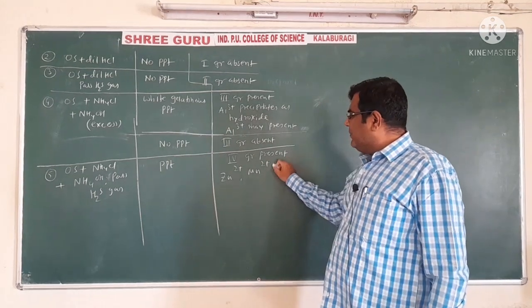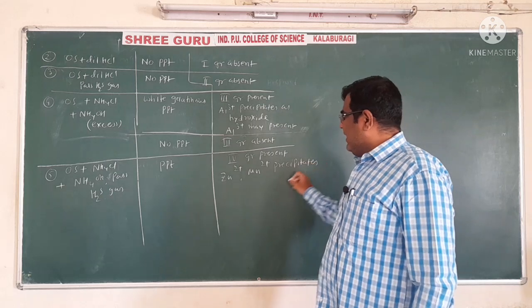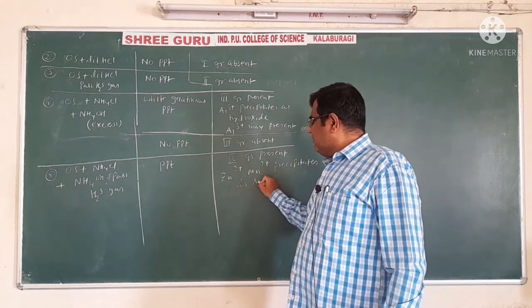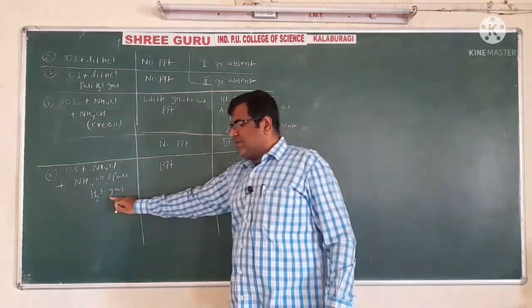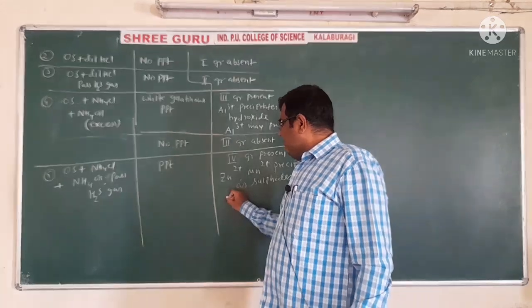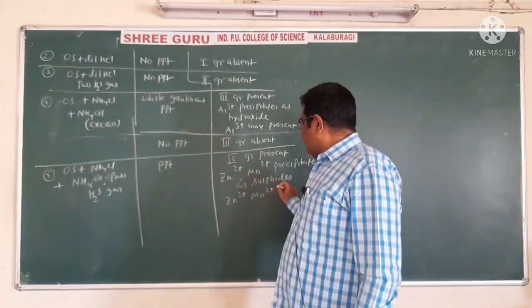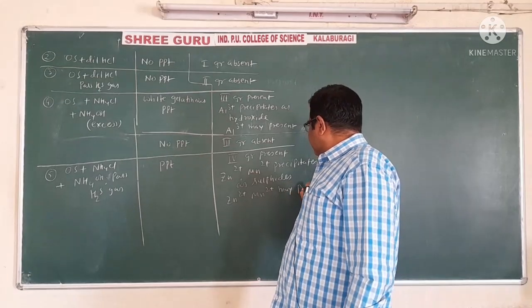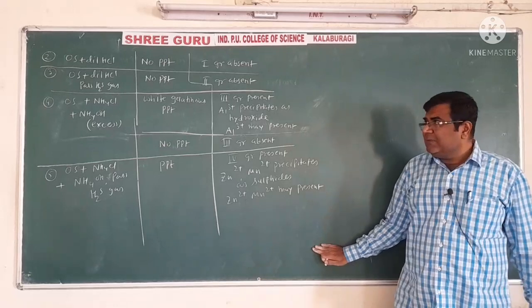And we have to write precipitates as sulfides, because we added hydrogen sulfide, precipitate as sulfides. So we have to say that Zn2+, Mn2+ may present. Now out of these two, which one is exactly present?